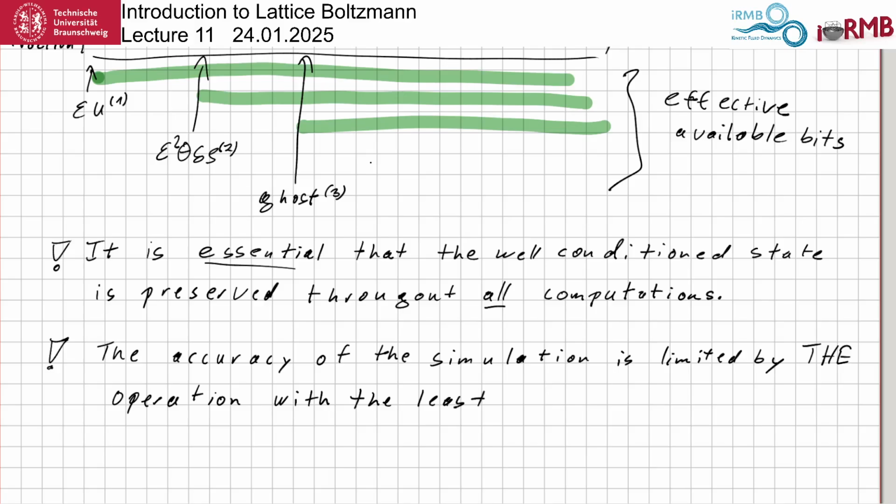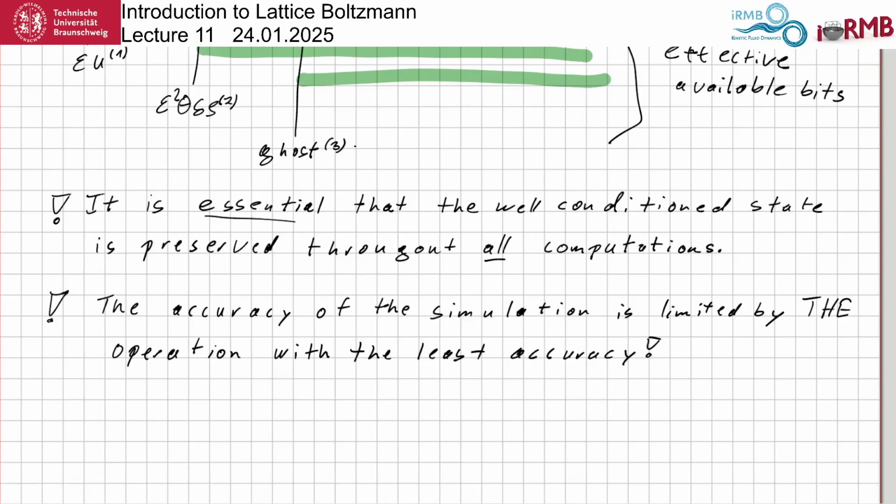So there needs to be only one mistake. There is no room for being sloppy somewhere, if you want to avoid this, because this is a chain of calculations. So this is the thing that you have to think about.